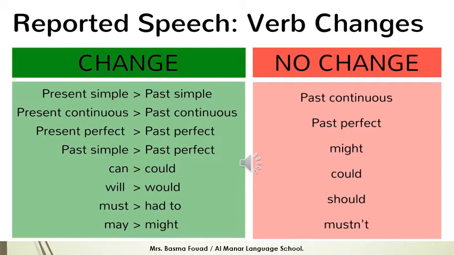If it is present perfect, the new sentence will be past perfect. If it is past simple, you go back to past perfect. Can will be could, will be would, must will be had to. So as I told you, you have to go a step backward in your tense.